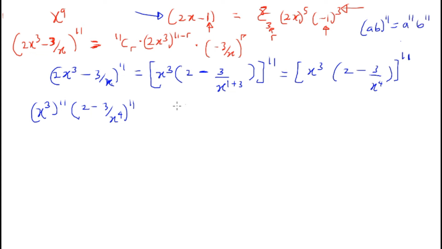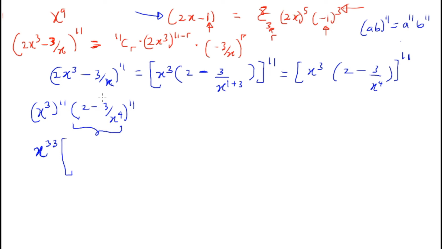So nothing has changed. Alright, this is my new binomial that I will expand, and then this will serve as a multiplication. So x raised to power 33, we need to multiply by the binomial expansion of this.